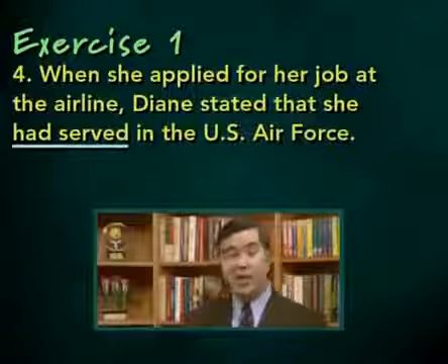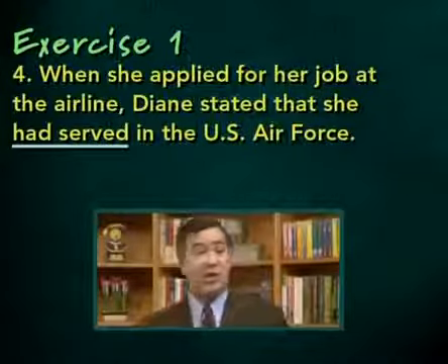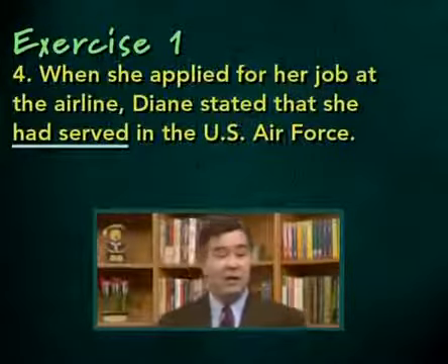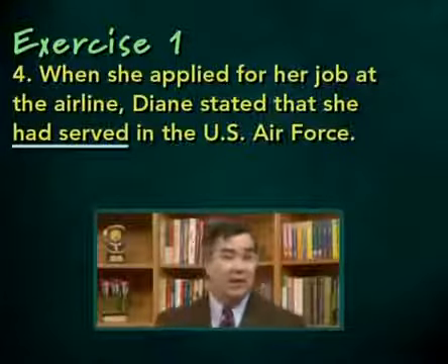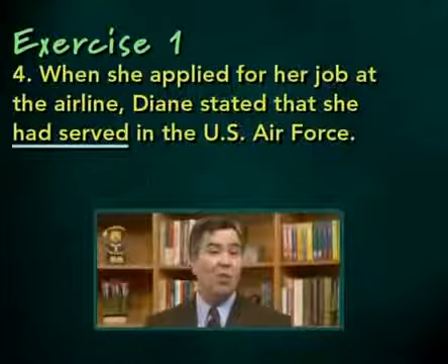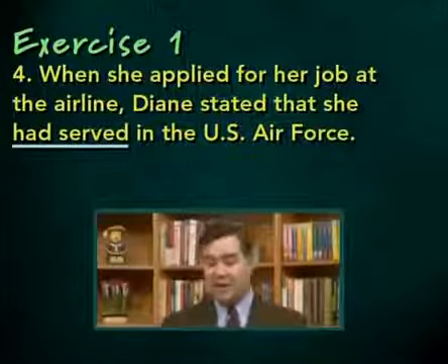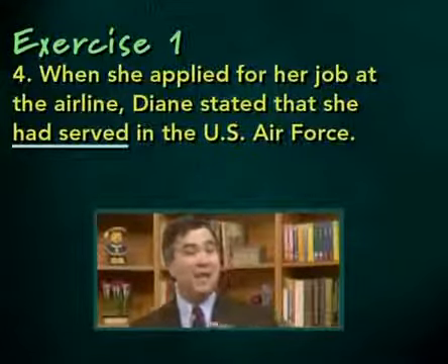Next, when she applied for her job at the airline, Diane stated that she had served in the U.S. Air Force. Now, we actually have 3 different events or activities in this sentence. She applied for her job at the airline. That's one event, and that's taking place in the past. Diane stated, so Diane stated or said something.